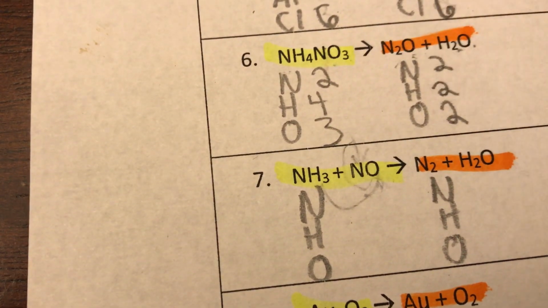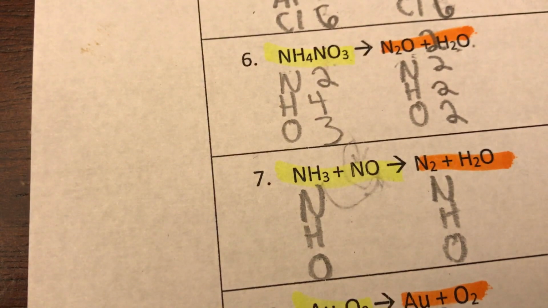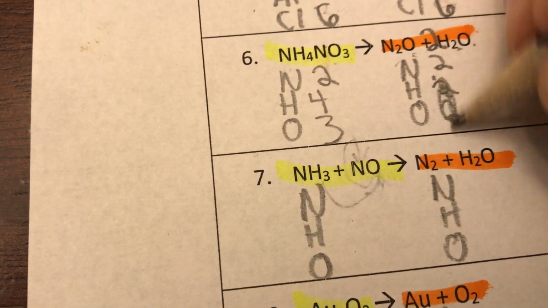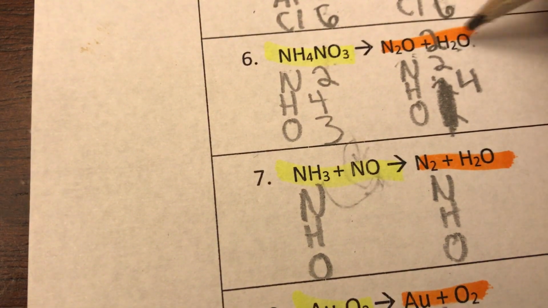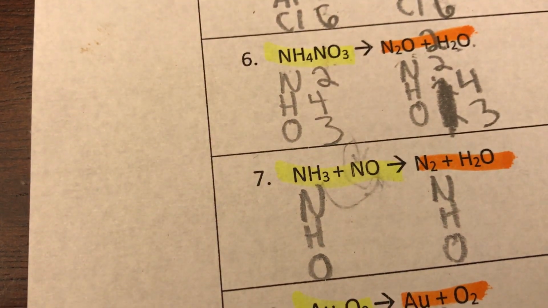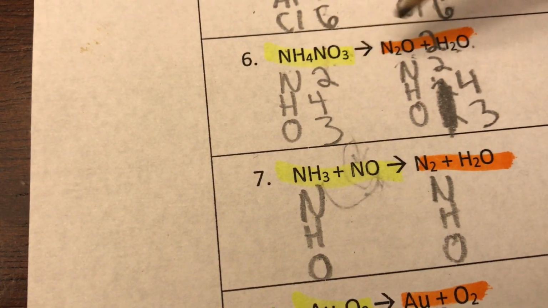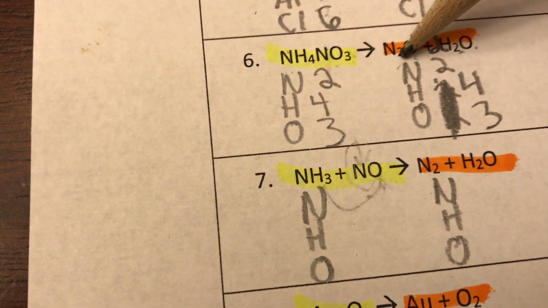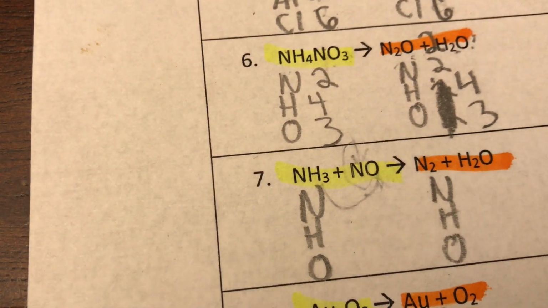So I'm missing 2 hydrogen and 1 oxygen. I'm just gonna put a 2 there. And that's gonna become 4. And then that's gonna become 3. And it's all balanced. The balanced equation is 2NH4NO3 yields N2O plus 2H2O.